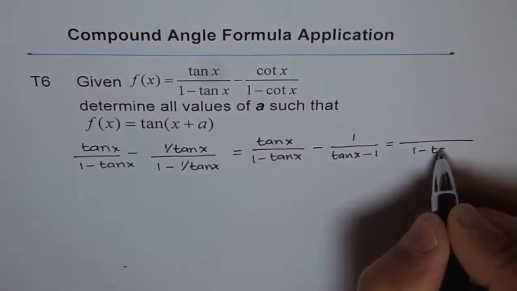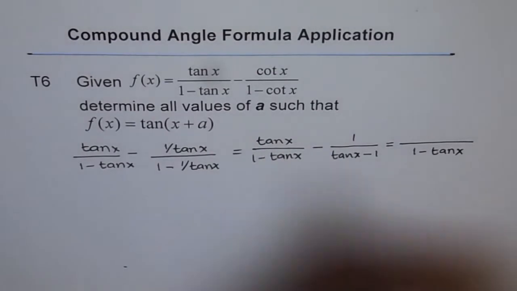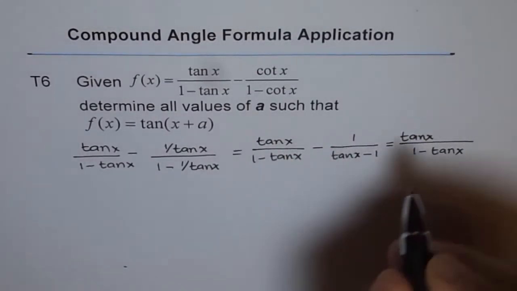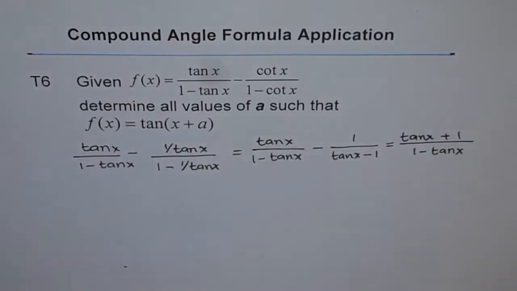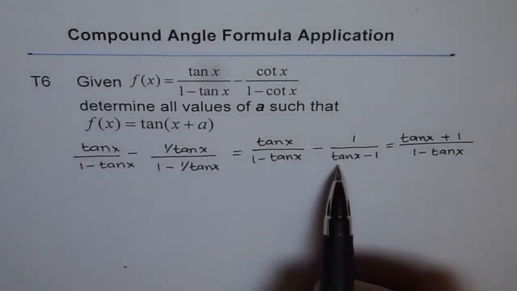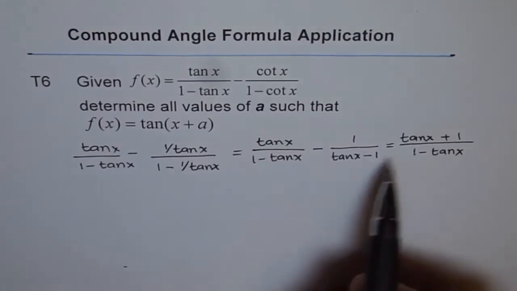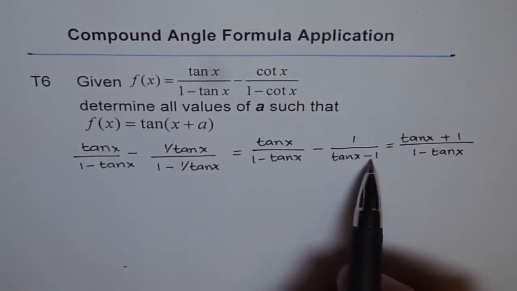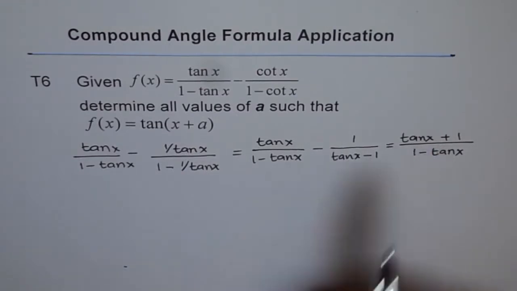In the numerator here we get tan x, but here we get plus 1. I hope you understand this step. If I take 1 minus tan x in the denominator, then this is minus 1 minus of 1 minus tan x. Do you see that? So I changed it, right? So this is what you get.